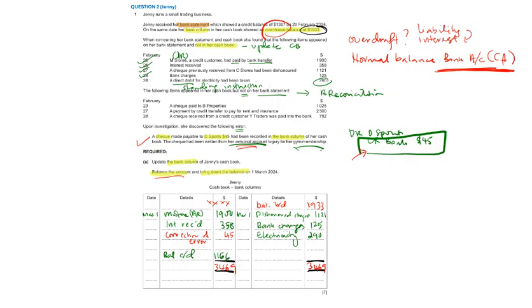Have we answered the question? Have we balanced off the account? That is balancing the account. That is closing the account. So we have done the first part, update the bank column account. Done.